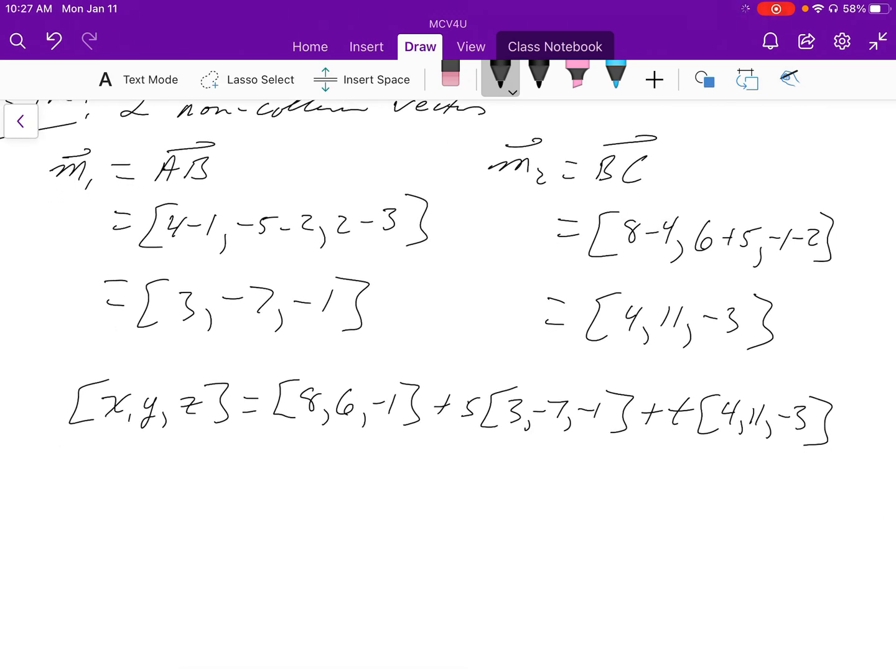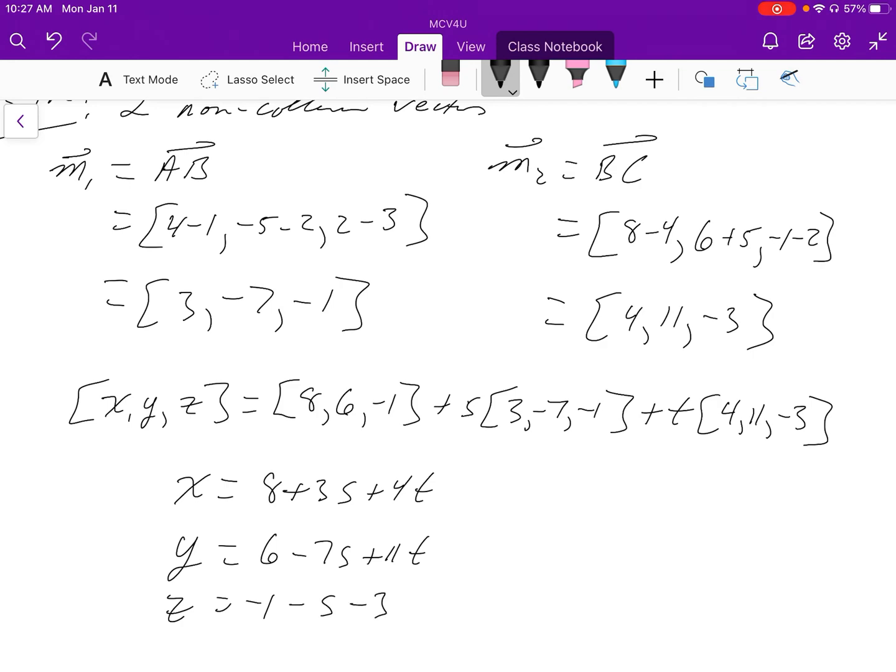If we wanted to use the parametric equations, x, y, and z are 8 plus 3s plus 4t, 6 minus 7s plus 11t, and -1 minus s minus 3t. So we have our vector equation and our parametric equations.